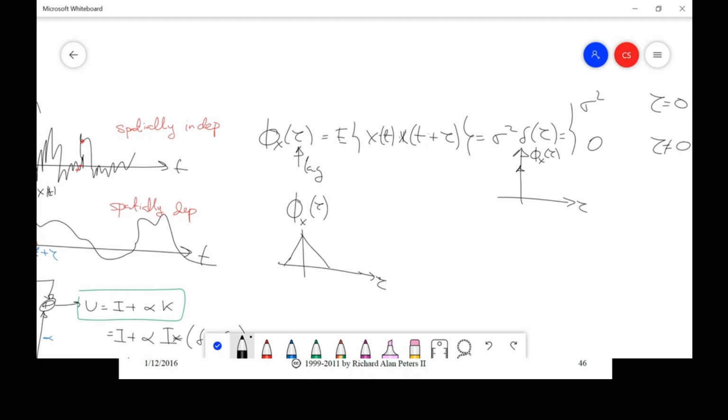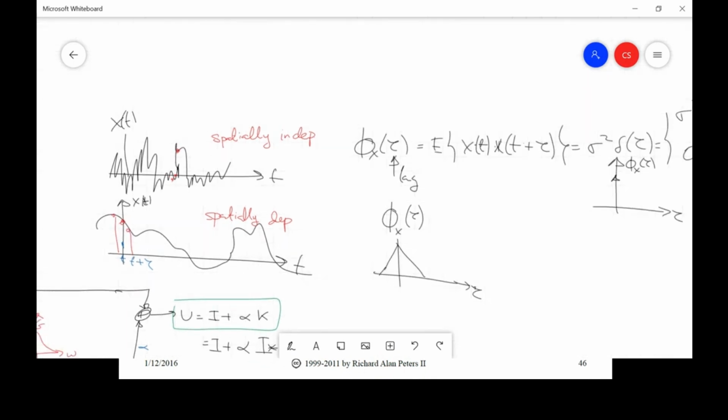Okay, so for nearby tau, I know a little bit how they look like. So if you give me a sample, okay, they're random, but if you don't go too far, I can tell you a bit about what the signal will be at that tau. If you go too far, if you go to here, I cannot tell you.